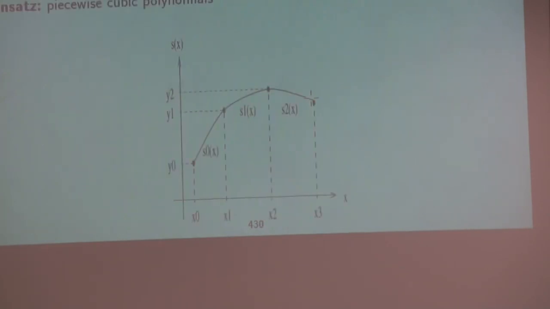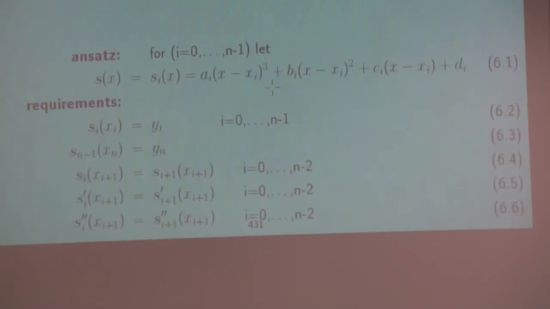This means, for example, that this spline has to hit this point as well as this spline. So these two splines have to be the same in the intersecting point. That's what we have here. And this is the same thing, just we add this prime here. So the same thing has to hold for the first derivative and also for the second derivative. Okay, and that's all. That's all our requirements.